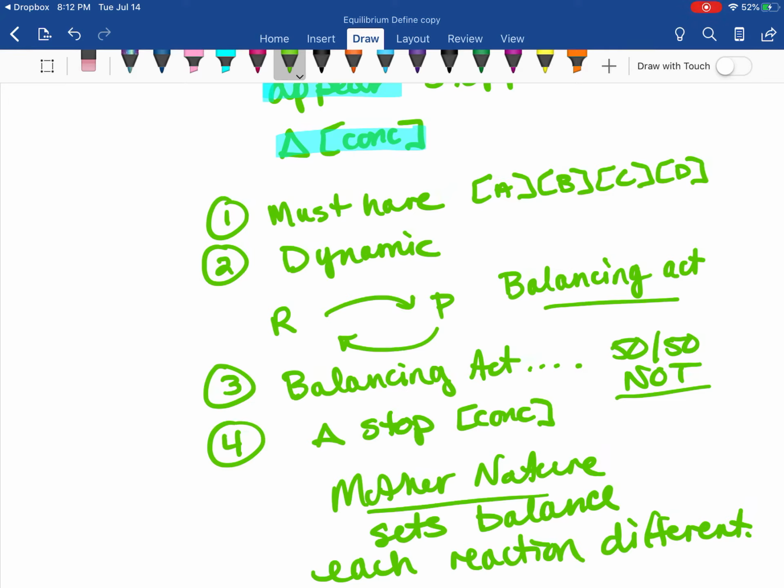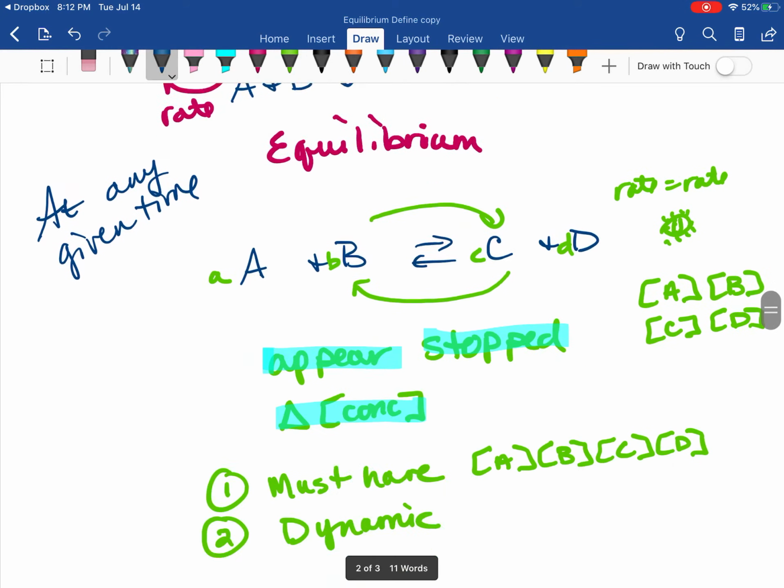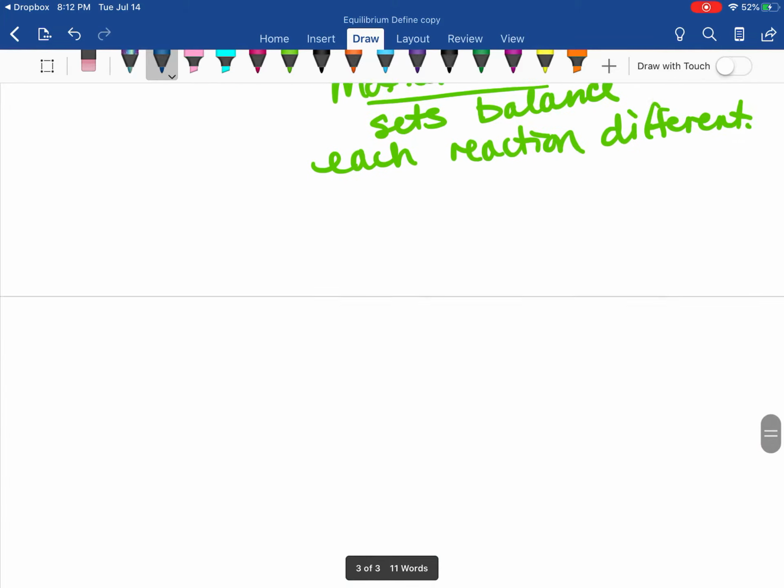So any reaction that reaches equilibrium can reach equilibrium with all varied concentrations in their reactants and products. So we need a way to describe that. How do you actually describe equilibrium? How do you even study that?